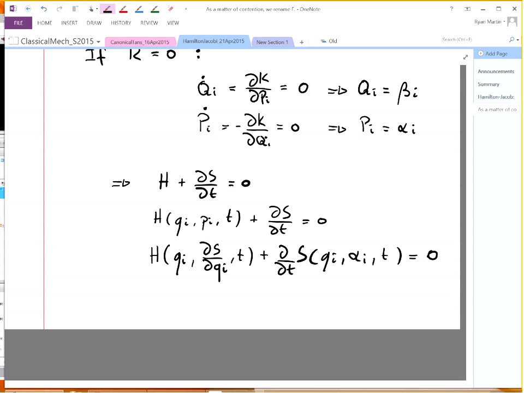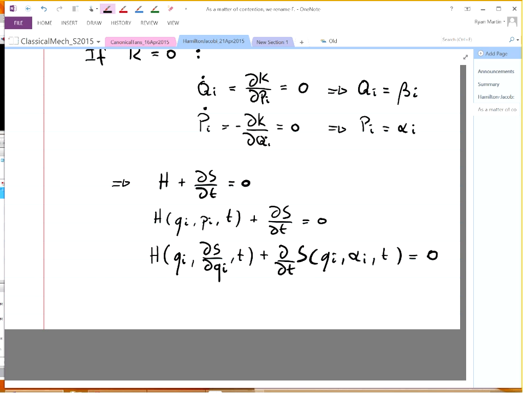So if we look at this equation, what is this equation? The Hamiltonian is potentially going to have a kinetic and a potential energy term. So it's going to have qi's in it, and instead of having pi's, it's going to have ∂S/∂qi's. And then the other term is going to have ∂S/∂t in it.